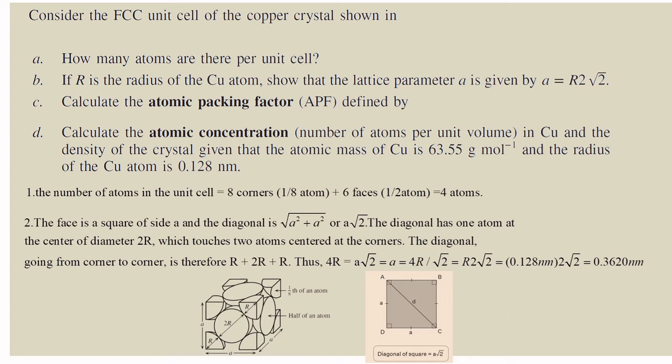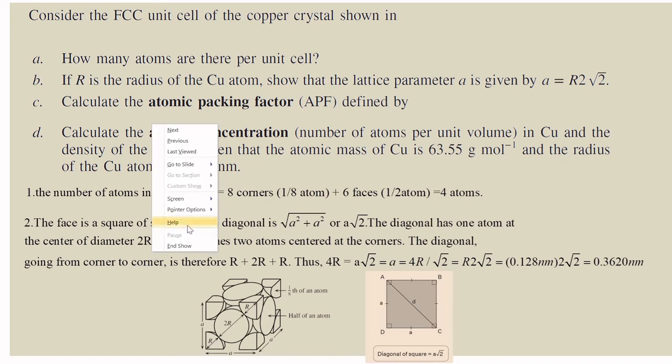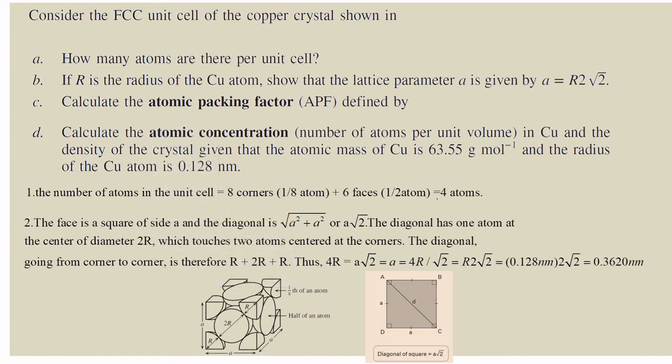The only difference from the diamond lattice is that there you have 4 diagonals, here you don't have a diagonal. That's easy. So 8 into 1 by 8, that is the sharing, and 6 faces. You know that on the faces, each atom is shared with the neighbor, so 2 atoms. So 8 into 1 by 8 and 6 into 1 by 2.